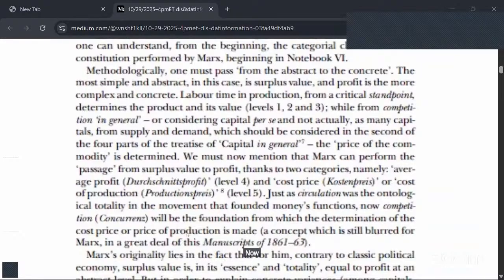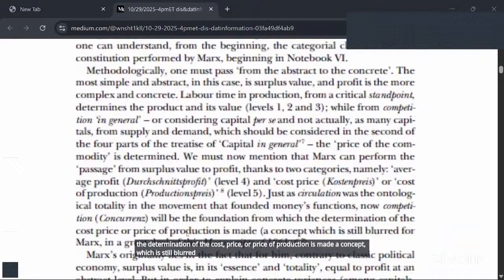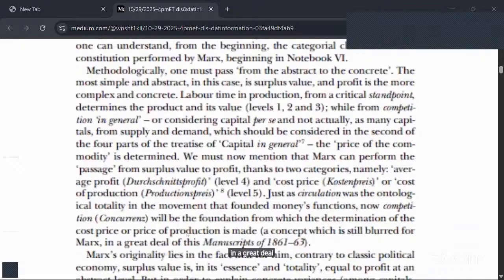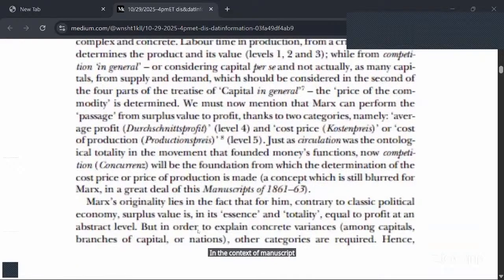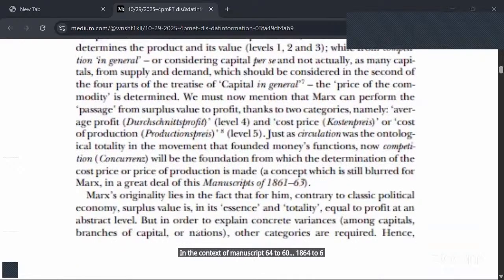Now competition will be the foundation from which the determination of the cost price or price of production is made a concept, which is still blurred for Marx in a great deal of the manuscripts of 1861 to 63. And I would assert, and I think it's not too far off, that this is so in the context of manuscript 1864 to 65. But anyway, we'll get back to that.